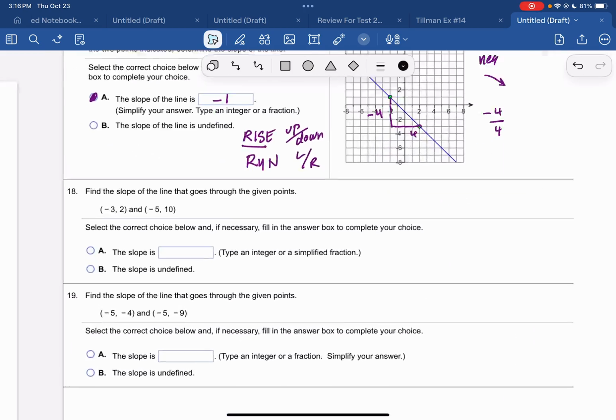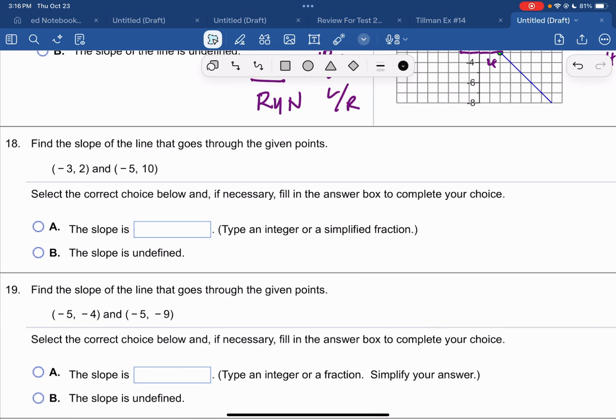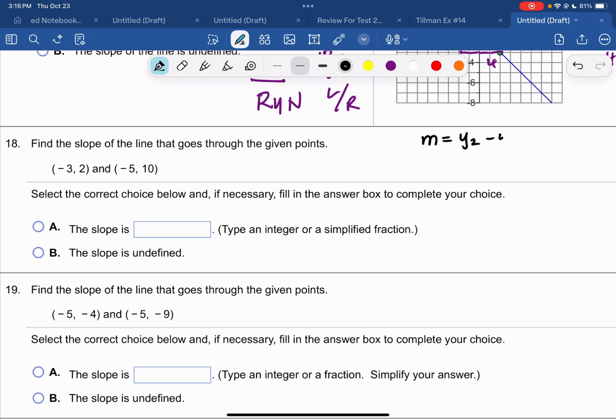All right, so let's do a few of these. Now remember, you're always going to write the formula: slope equals y sub 2 minus y sub 1 over x sub 2 minus x sub 1. Okay? And in order to memorize that, if you'll write it down each and every time you do a slope formula, you'll learn to memorize it over time.